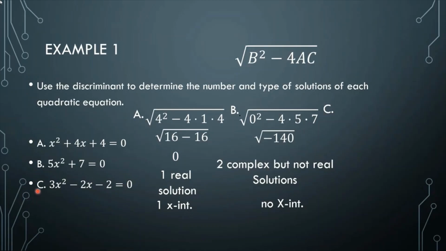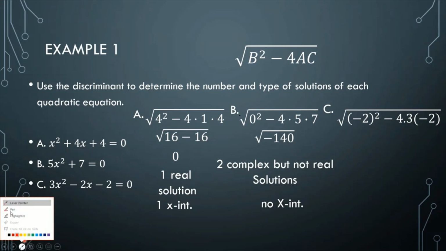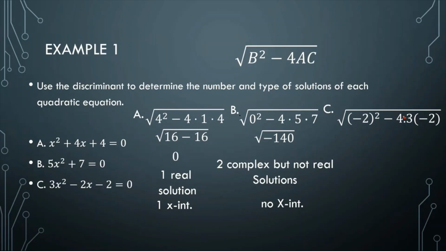For letter C, we have 3x squared minus 2x minus 2 equals 0. So A is equal to 3, B is equal to negative 2, and C is equal to negative 2. So we'll plug those in. Notice with my B that I plugged it in using parentheses, and this should be a multiplication symbol. Let's just write that in there.